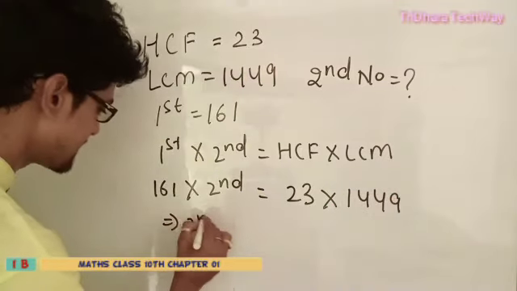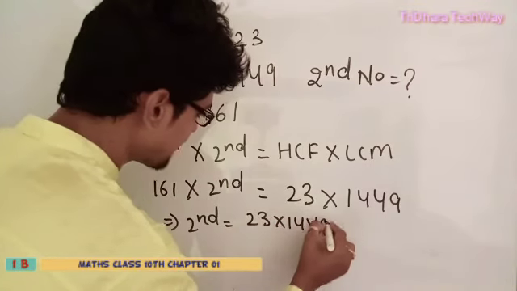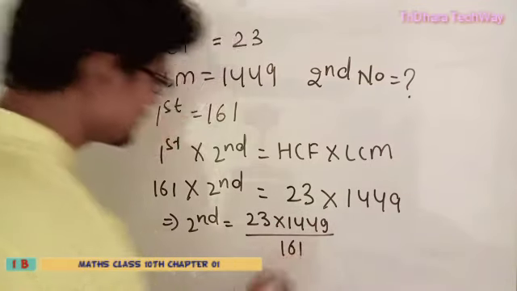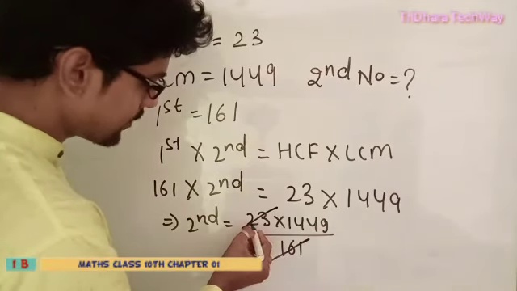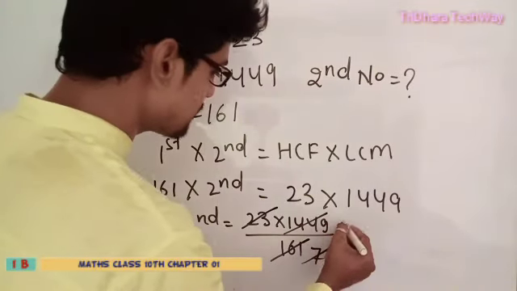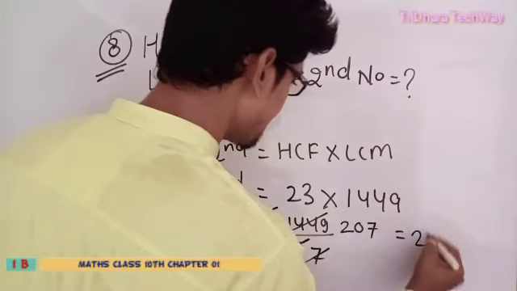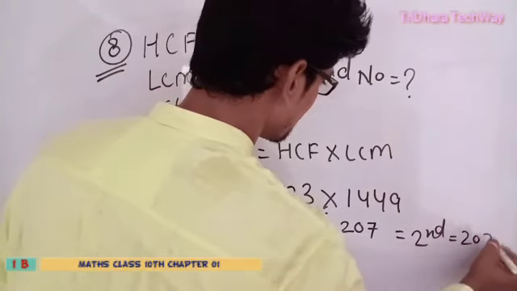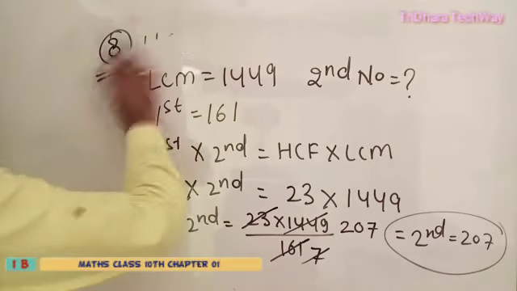Now, second number is equal to 23 into 1449 upon 161. Now cut it. 23 7 ja 161. Now 7 2 ja 14 and 7 7 ja 49. It means the second number is 207.